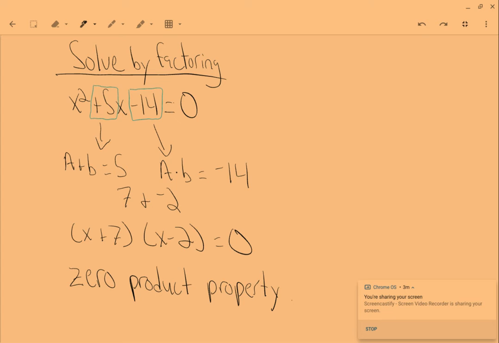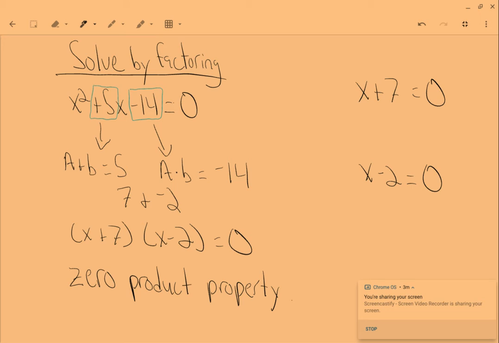So to find our solutions, I'm going to take the two factors, x plus 7 and x minus 2, set both equal to 0, and solve for x.